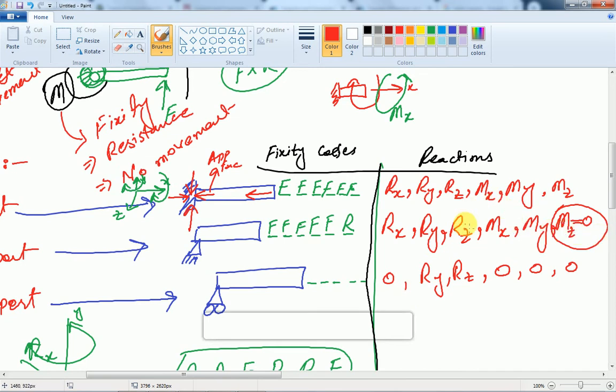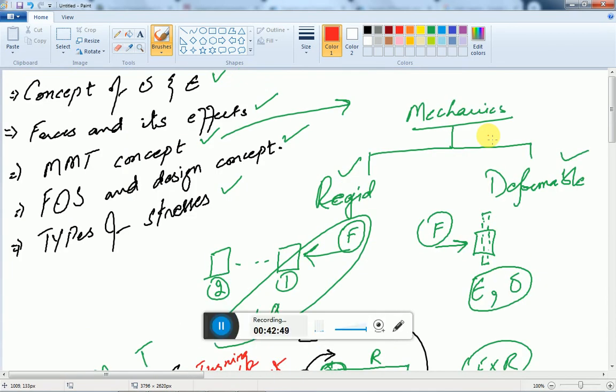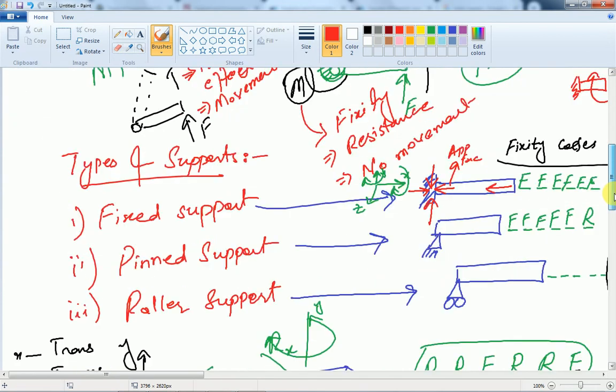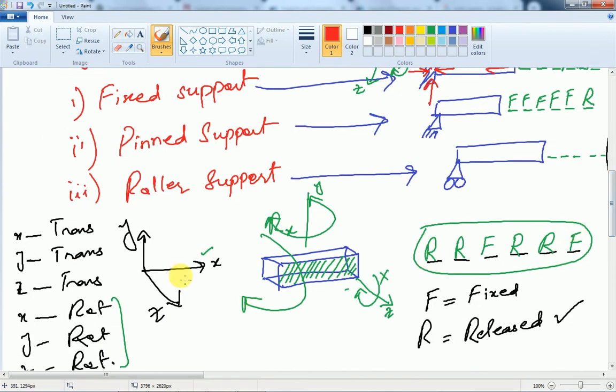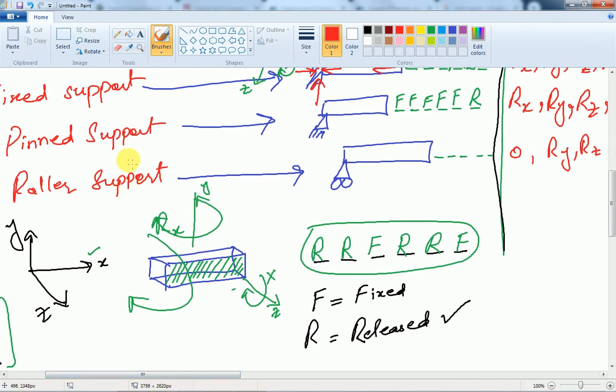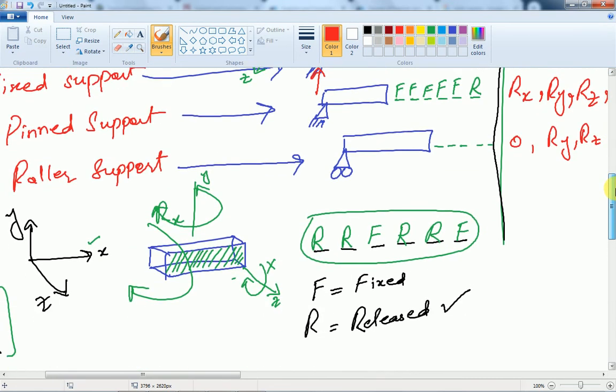So according to the applied forces, these different kinds of supports will react according to what we have studied. So far we have studied many prerequisites of this subject. We have gone through some kinds of supports, their reactions, and their fixity codes.